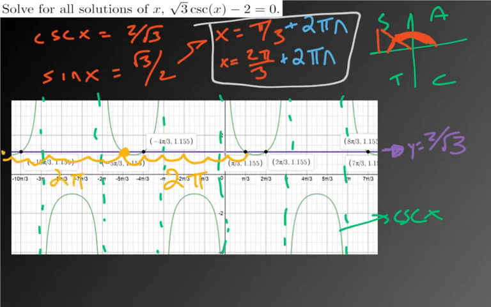That's another 2 pi, and so that's another solution. This other one that I'm getting right here is the 2 pi over 3. And again, if you go 2 pi backwards or forwards, forever and ever, you're going to get more and more solutions. So that's a picture to show you why that truly is the solution.